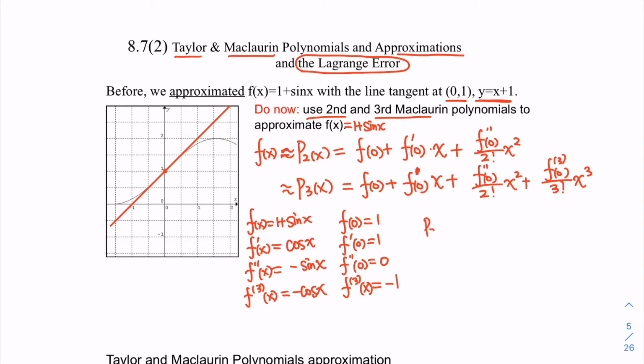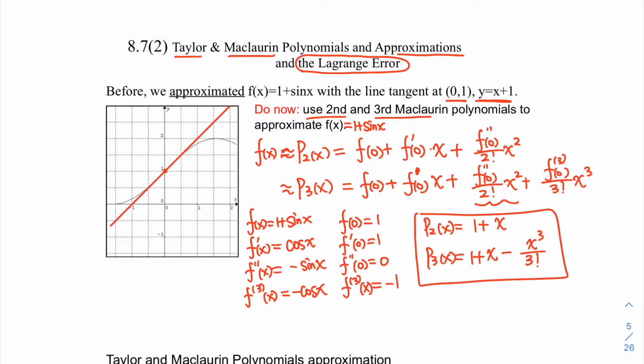So P2(x) in this case equals 1 plus x plus 0 times x squared, because the second derivative is 0, and P3(x) is 1 plus x plus 0, plus the third derivative over 3 factorial times x to the third, because the derivative is negative.